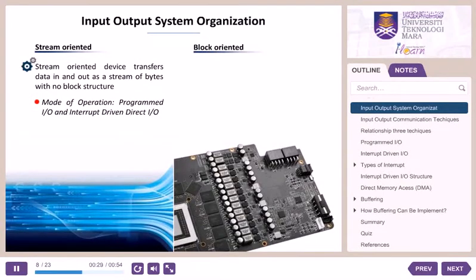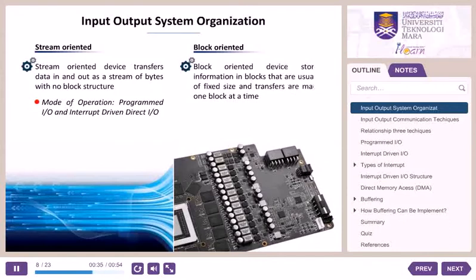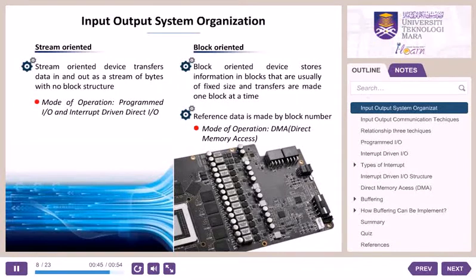Modes of operation: programmed input-output and interrupt-driven input-output. Block-oriented: a block-oriented device stores information in blocks that are usually of fixed size, and transfers are made one block at a time. Reference to data is made by block number. Examples: disks and tapes.